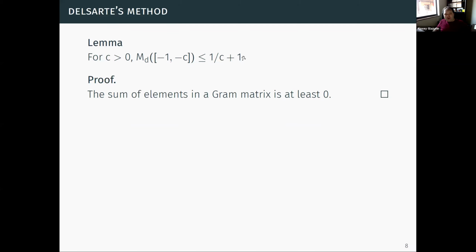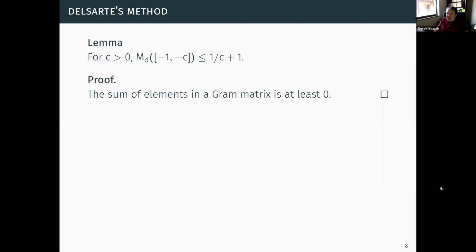Now, please note here that the bound doesn't depend on the dimension at all. Right? So it doesn't matter what d here is. It's a bound that depends only on the interval. So if we're able to map so that the interval is from -1 to some other negative number, we already get the bound.